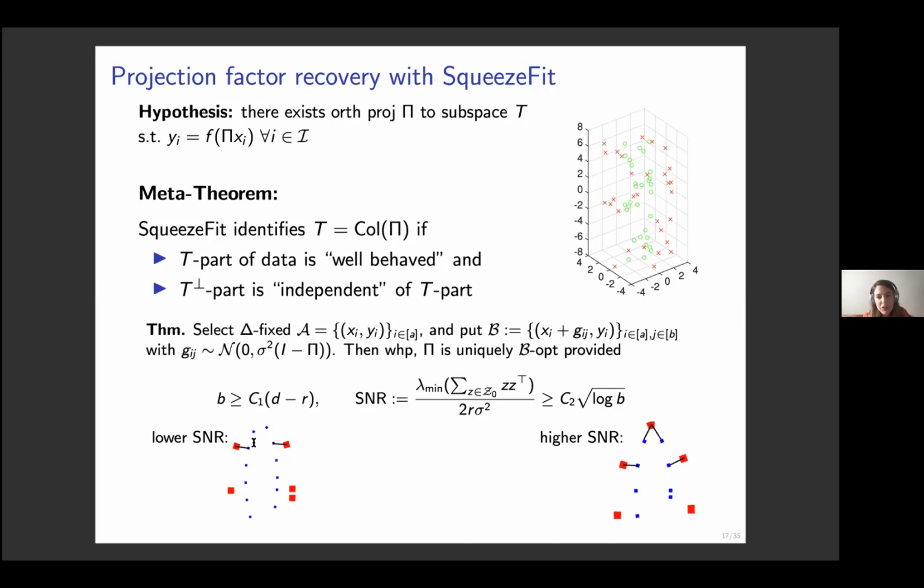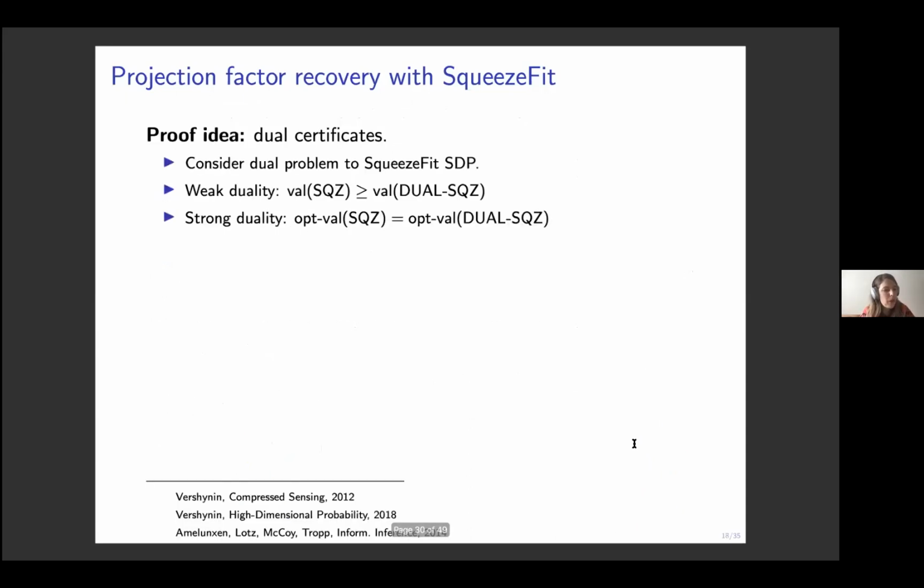So the condition number is very large. But in this case, they are better conditioned, so the SNR is higher. That's the intuition. And the way we prove this is using dual certificates.